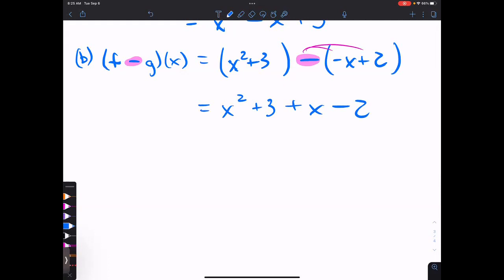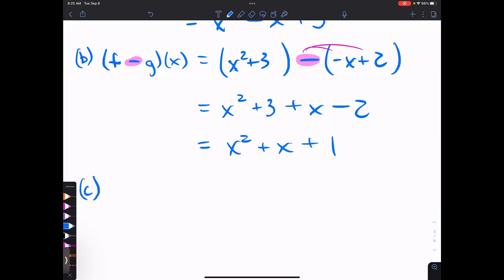X squared, it's the only x squared in there. There's an x, it's the only x term, and then 3 minus 2. So something like that. You feel okay about that? Okay. All right.